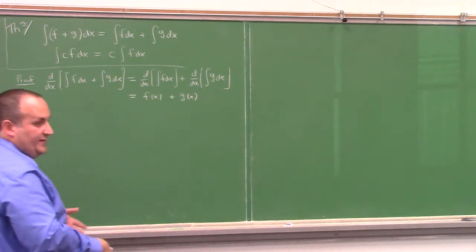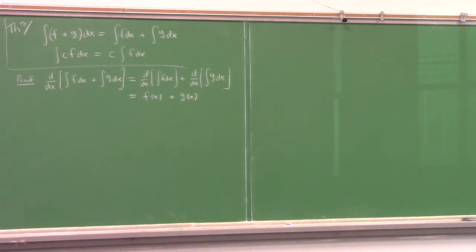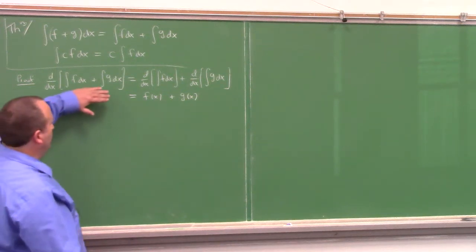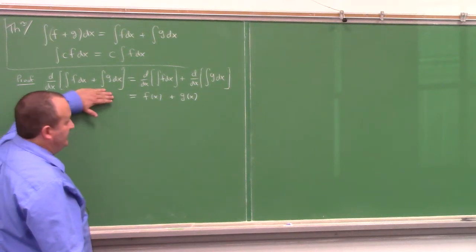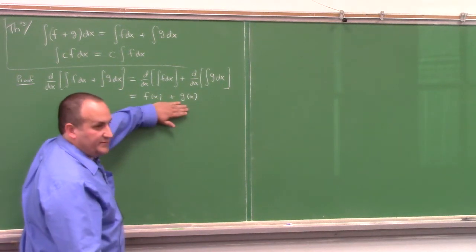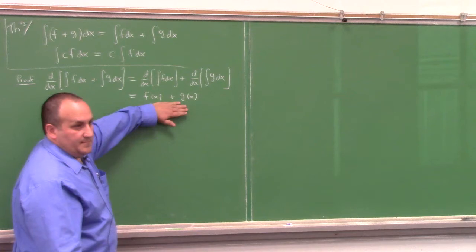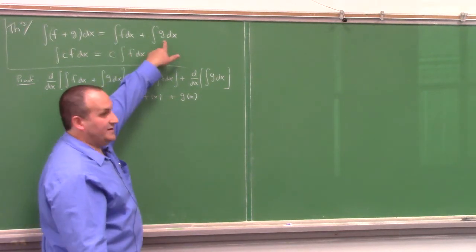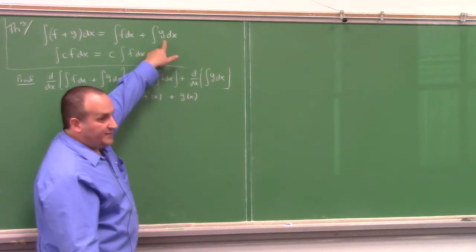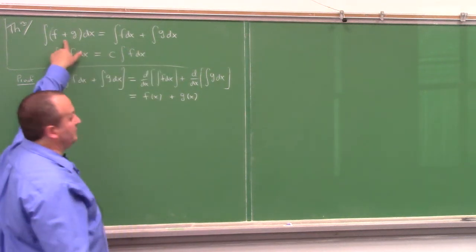So the derivative and the indefinite integral are inverse operations in this sense. All right? And what does that say? That says that the derivative of the sum of these two functions is equal to f of x plus g of x. What does that mean? That means that this plus that is a function whose derivative is f plus g.